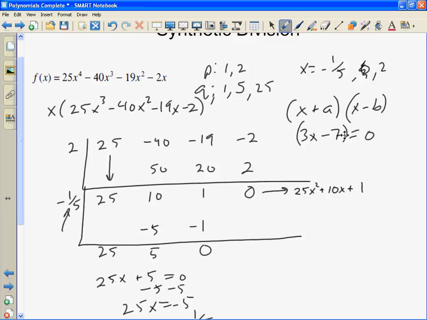So in order to do that, you can set it equal to 0. The root I would get from this would be 7/3. So I could turn this into x minus 7/3, and then I could use synthetic division with 7/3 outside here. So you're still switching the sign to write down what you see if you're getting your number from your factor, but if you're using your root, it goes directly out here.